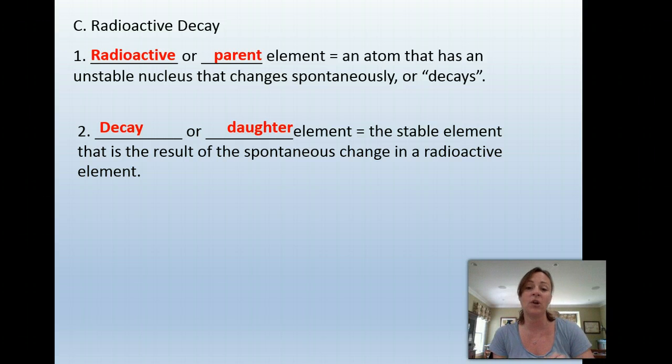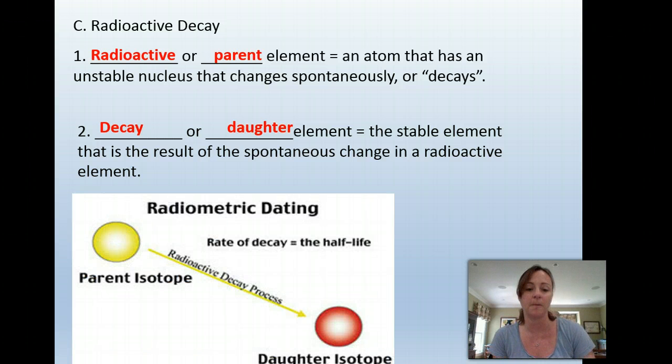And it is the result of this spontaneous change. Let me show you a picture. Here we have the yellow isotope, which is the radioactive element or the parent of this daughter isotope. So in this picture, this yellow over time will decay or change into the daughter isotope.